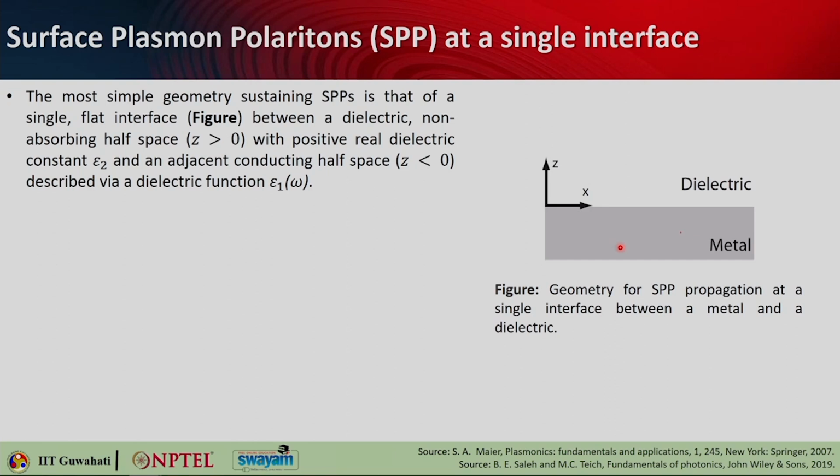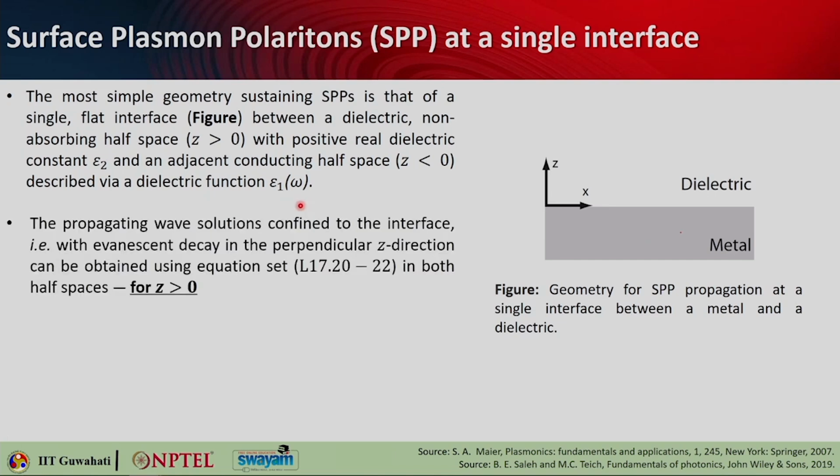For the dielectric you can take a real dielectric constant, epsilon 2, whereas metals usually have a complex dielectric constant, which also has dispersion. So metal does not have a flat dielectric profile, and you can take it as a function of omega, epsilon 1 of omega.